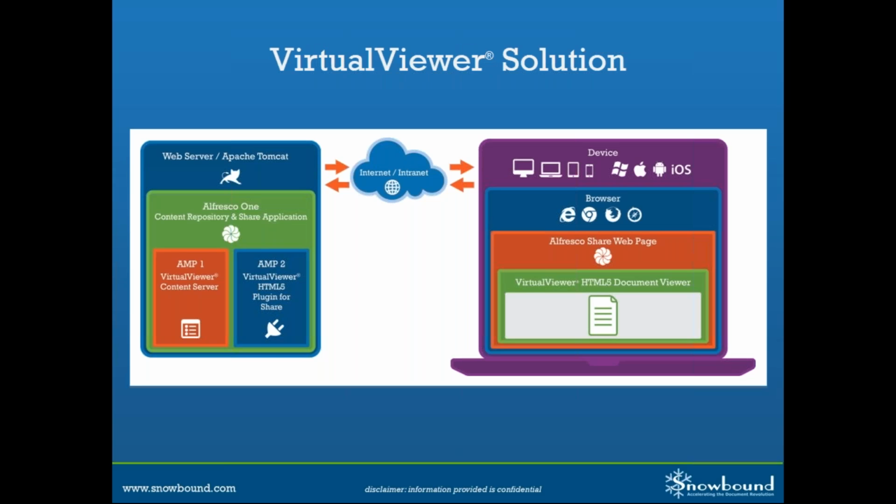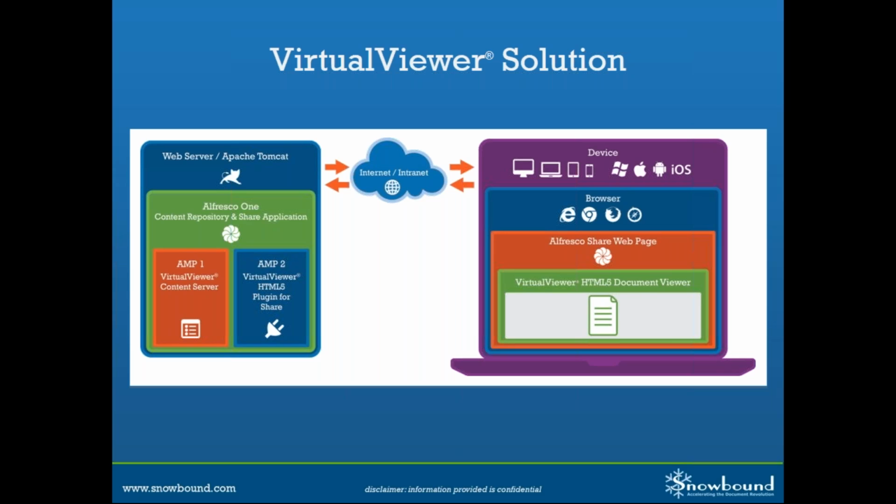So I always like to add this slide. I'm not very technical in terms of how technical people can get on the engineering side, but our product is very easy to work with, so really anyone can understand this. The solution that we have plugs right into Alfresco, and what we do is we drop 2 AMP files into the VirtualViewer content server and the plugin application for Share.